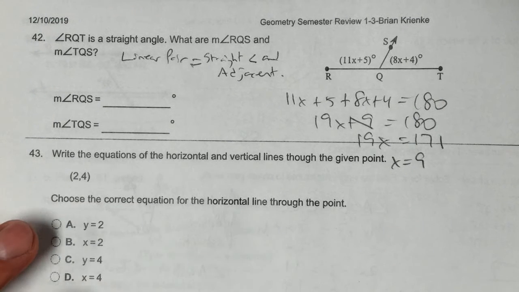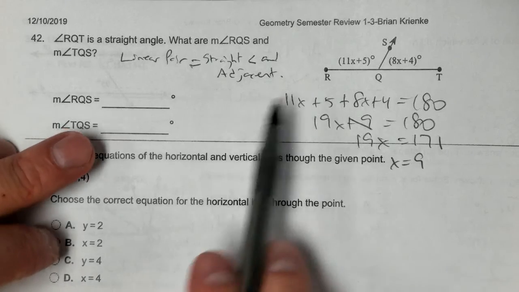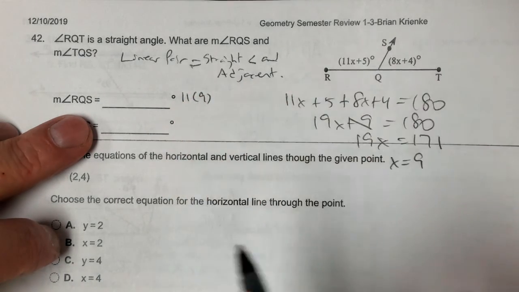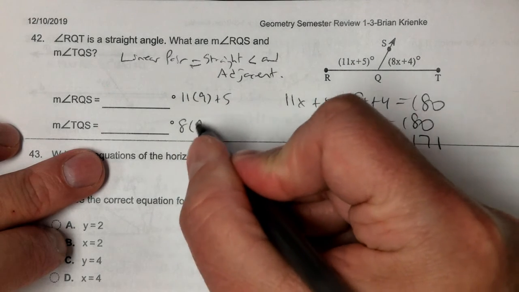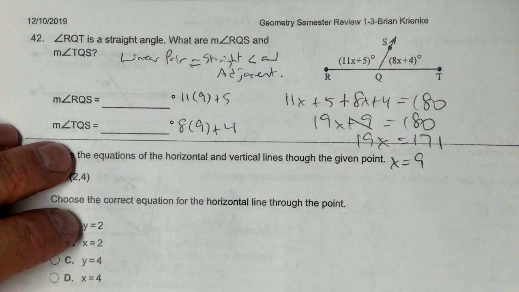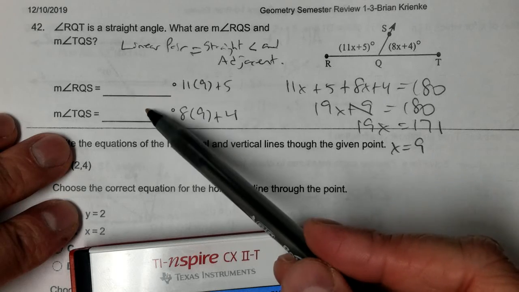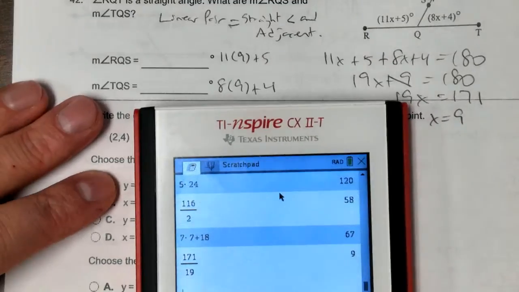Don't put 9 degrees. You want to plug it in. So this would be 11 times 9 plus 5, and it should be 8 times 9 plus 4. Whatever you get should add up to 180. They're not going to be the same unless they're both 90, because it says linear pair.